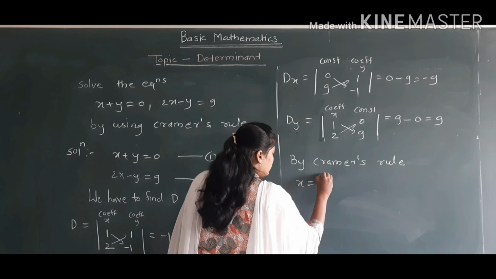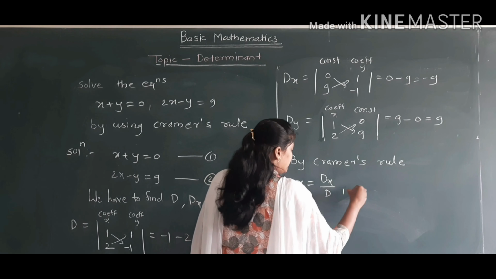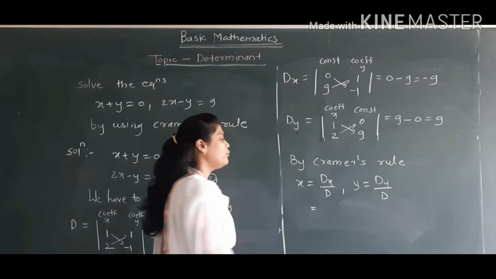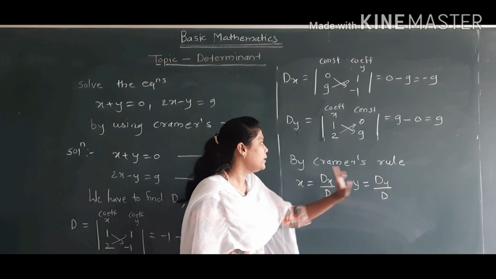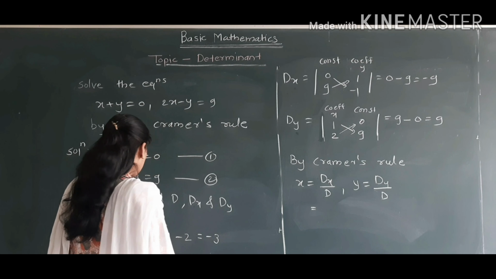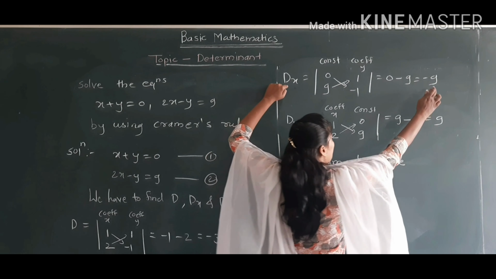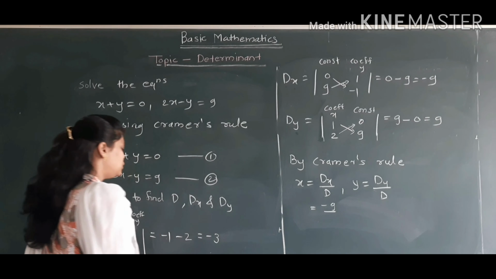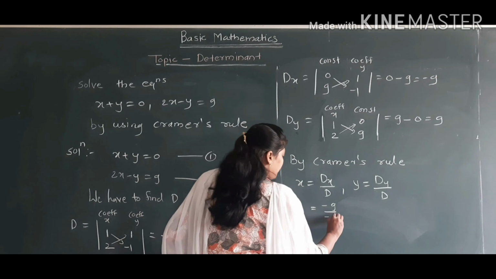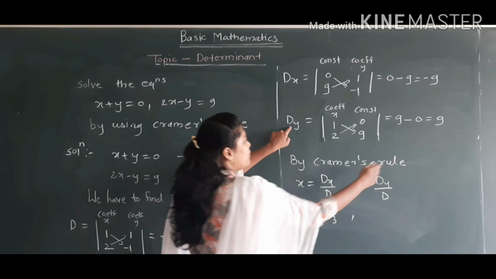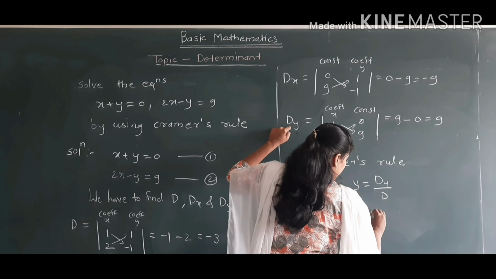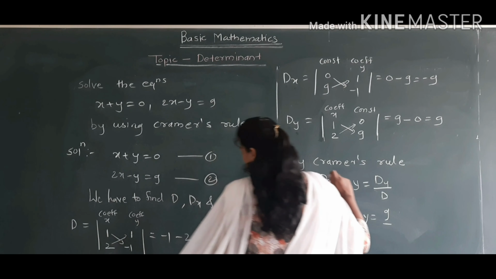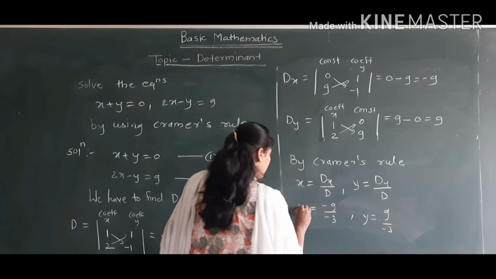Now by Cramer's rule, x is equal to Dx upon D, y is equal to Dy upon D. Already we found D, Dx and Dy. Dx is equal to minus 9, D is equal to minus 3. Dy is equal to 9, and D is equal to minus 3.